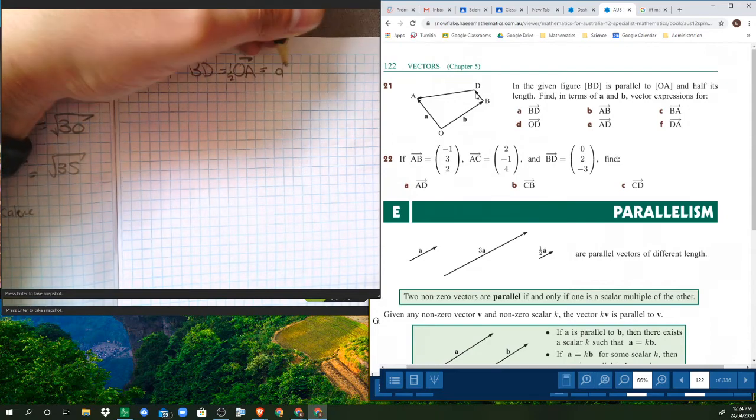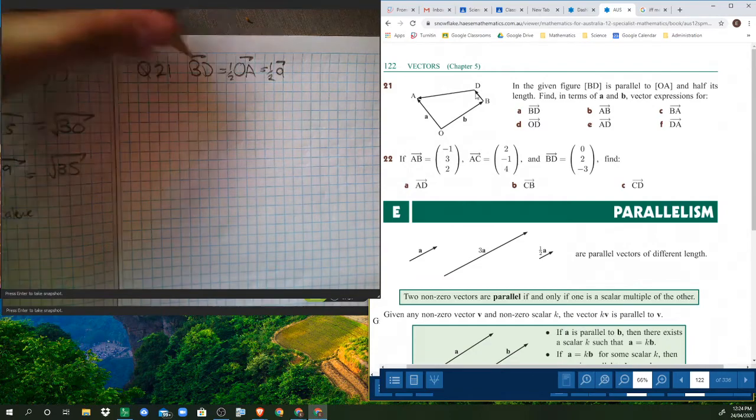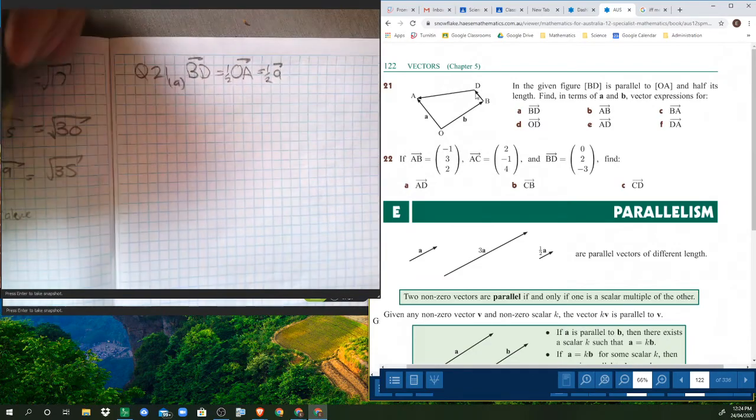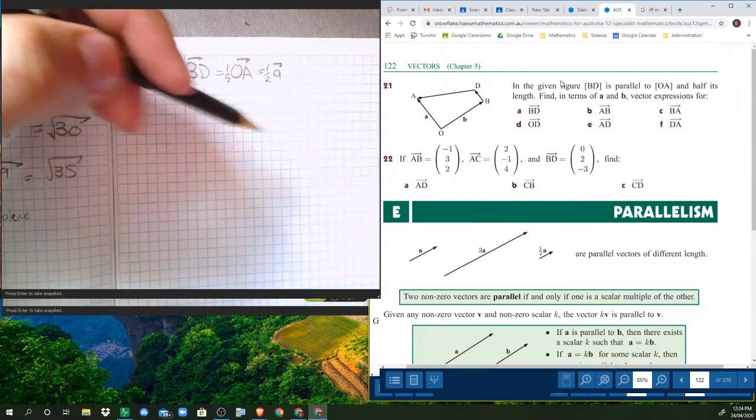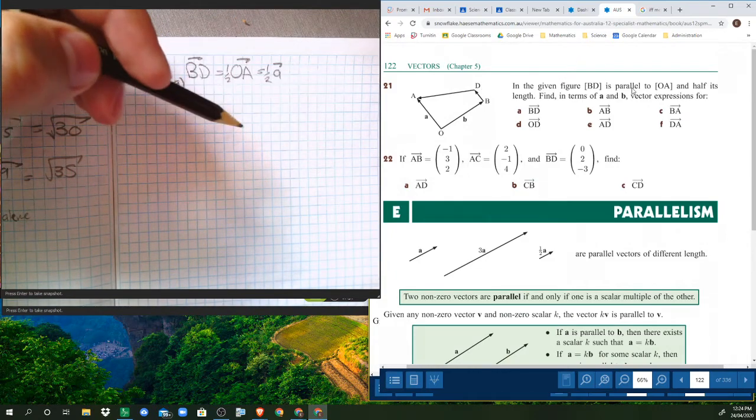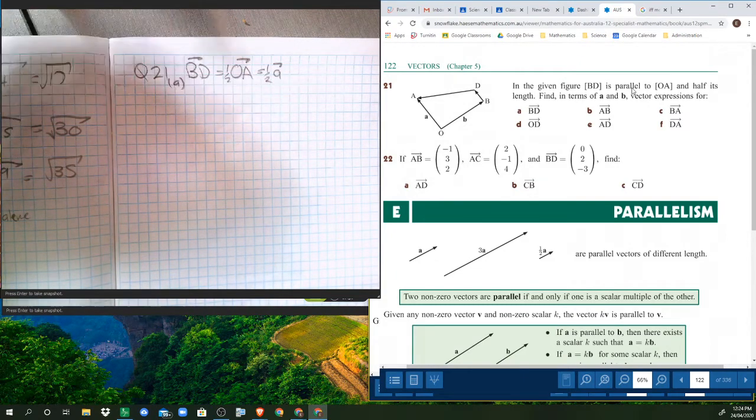OA is represented by vector A, so BD equals 1/2 A. I've actually answered the very first part, part A, just by writing down the information they gave in the sentence. Okay, so AB.